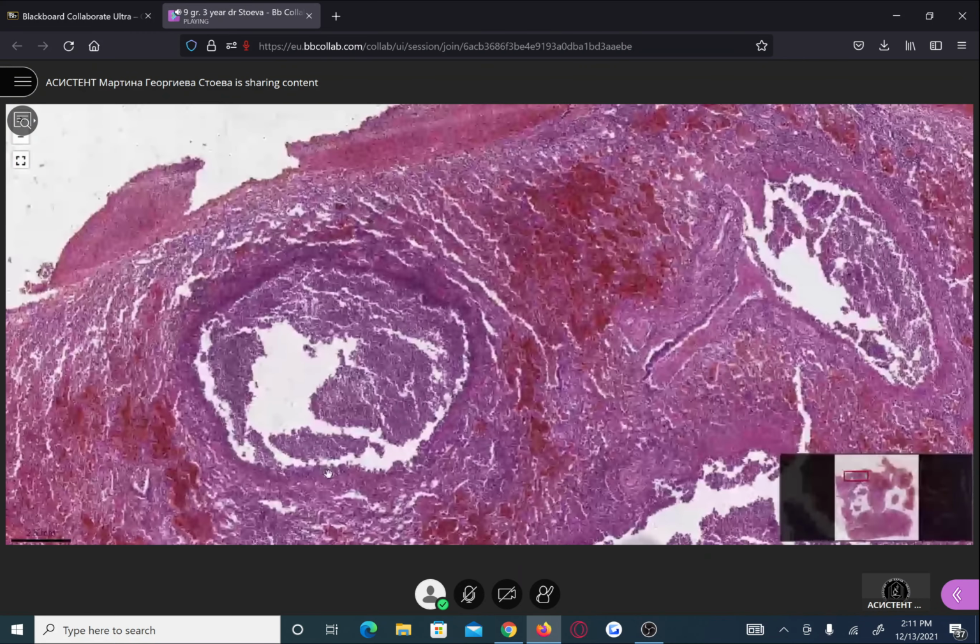So finally, we can make the diagnosis pneumonia with formation of abscesses, or abscedingpneumonia.